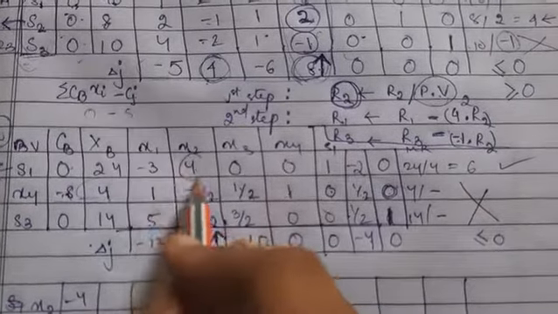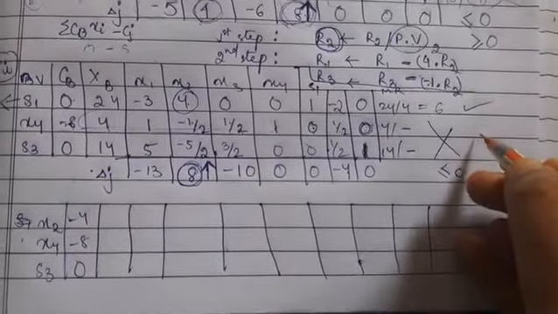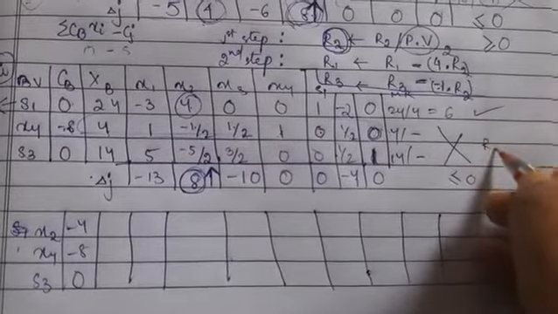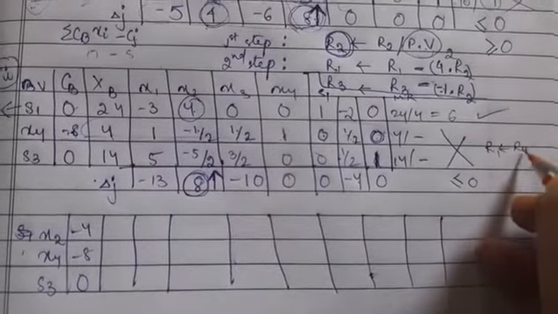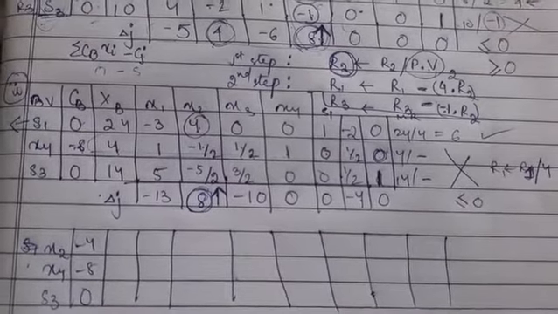So my pivot element is 4, and my row operations are, for the pivot row, that is R1, R1 divided by the pivot element, that is 4.